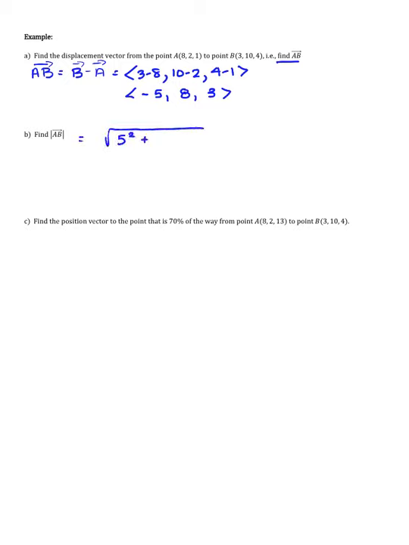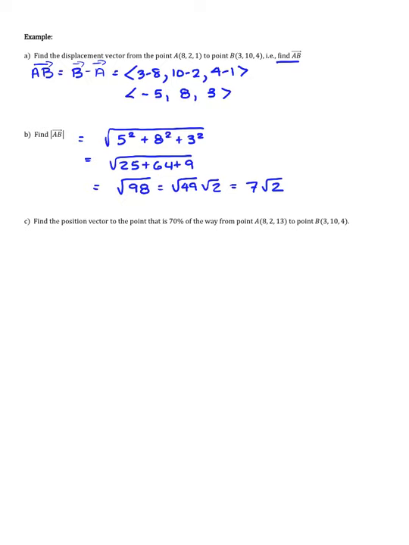So 5 squared plus 8 squared plus 3 squared, that's 25 plus 64 plus 9, which will be the square root of 98, which is 49 times 2. So that simplifies to 7 rad 2.